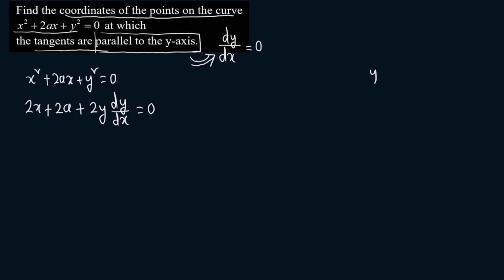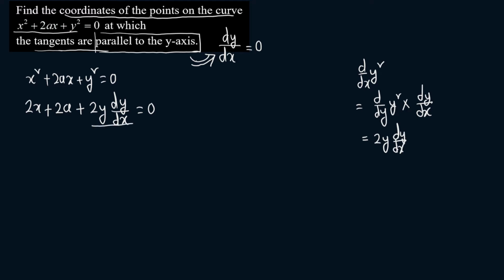While we are differentiating y square with respect to x, it always gives us d by dy of y square into dy by dx. We first need to write this, then from here we get 2y dy by dx. This is actually that expression.